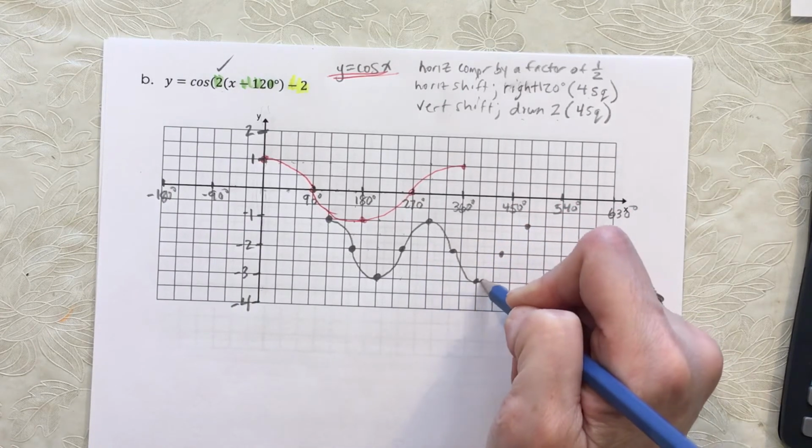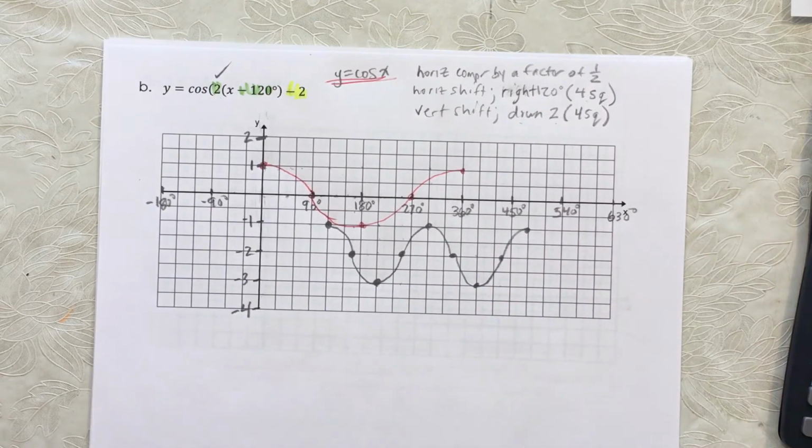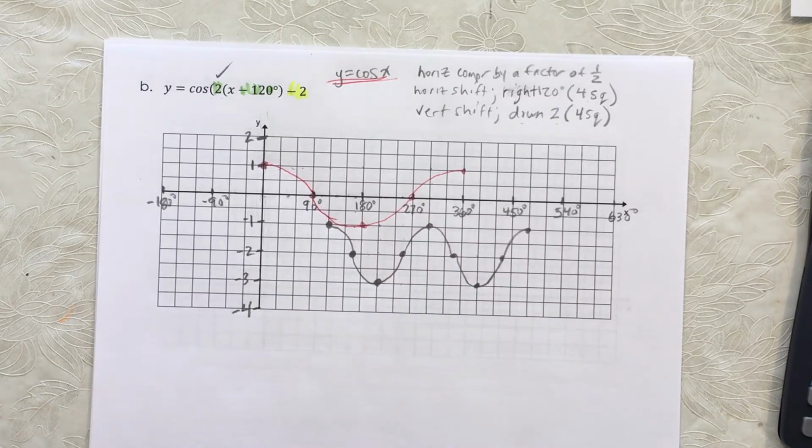So this time it fits to just go 2 cycles in a row without having to backtrack at all. Though you could have, it's up to you as long as you draw 2 complete cycles. So maximum to maximum and maximum to maximum is fine to make sure that you've got your 2 complete cycles drawn in.